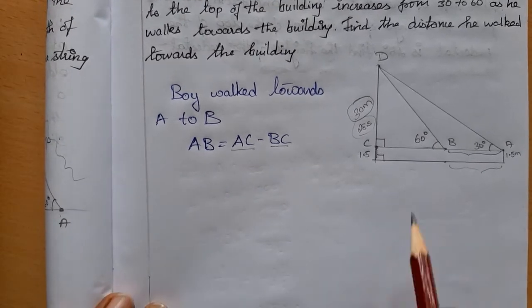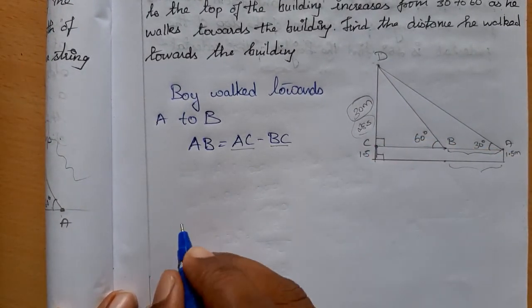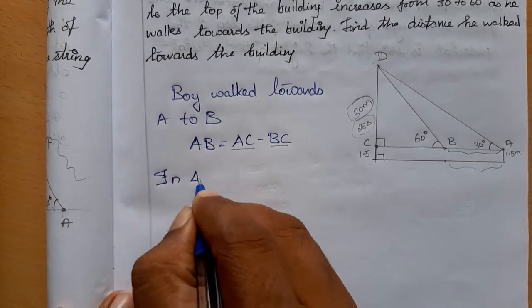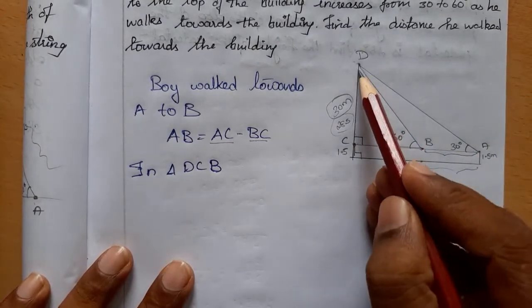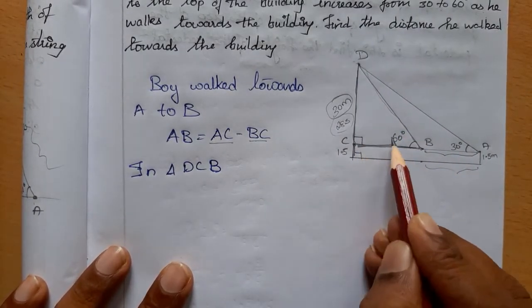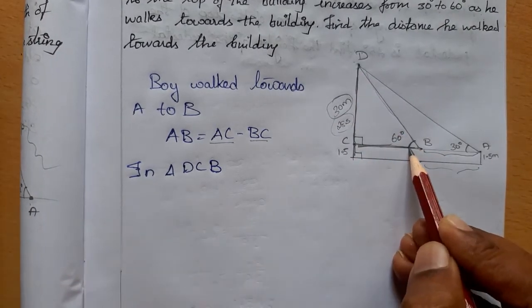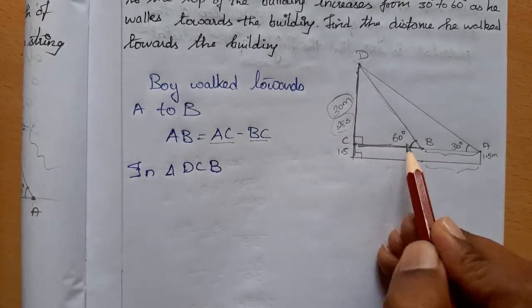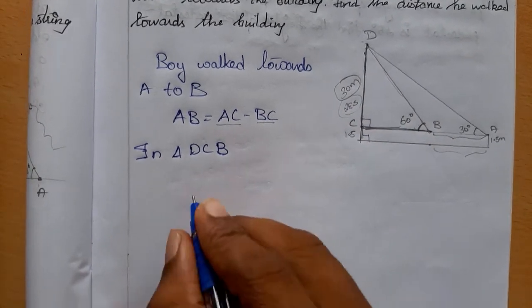So first let me find BC, which involves triangle DCB. In triangle DCB, we need to find this side, and we know this side is 28.5 meter and we know the angle. This side is the opposite and this is adjacent. Opposite and adjacent connect through tan, right?